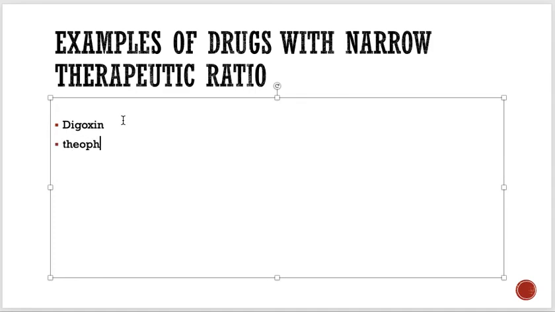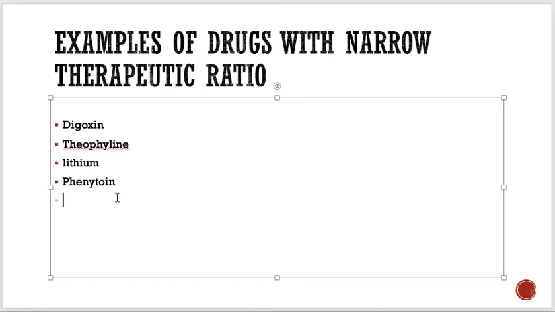One of the drugs is theophylline. We give it to asthmatic patients. One of the drugs is lithium. We give it to mood disordered patients; it stabilizes the mood. One of the drugs is phenytoin. We give it to epileptic patients.